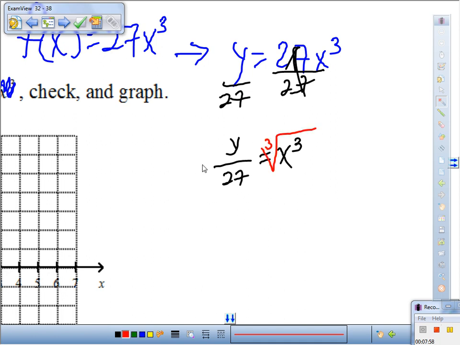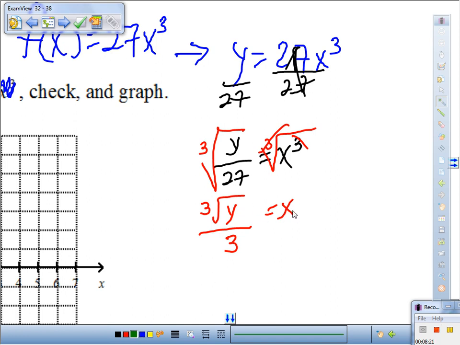Cube root. So this cancels this. We're left with x equals. Can we rewrite this? Yes. This is the cube root of y over, what is the cube root of 27? 3. That is correct, because 3 times 3 times 3 is 27.